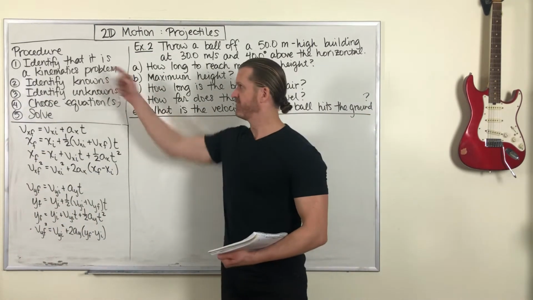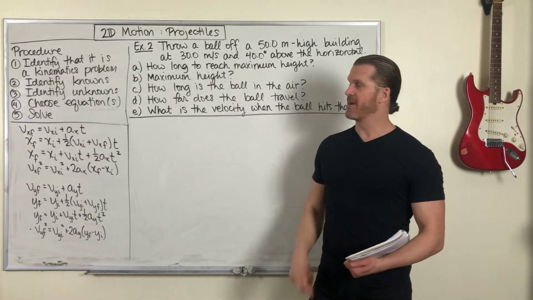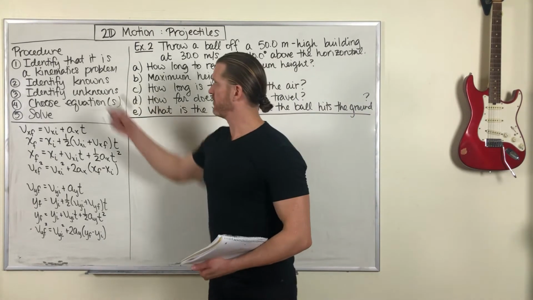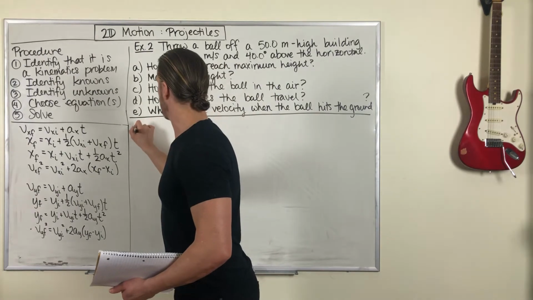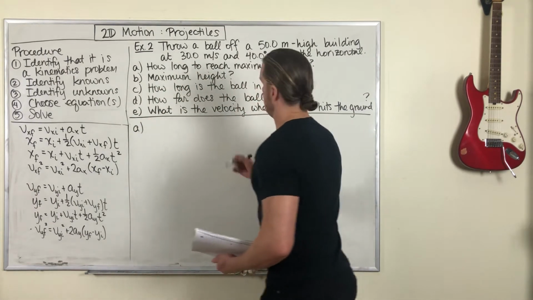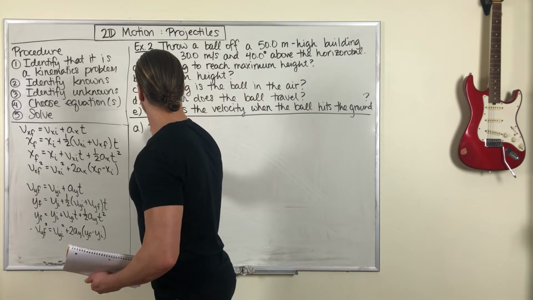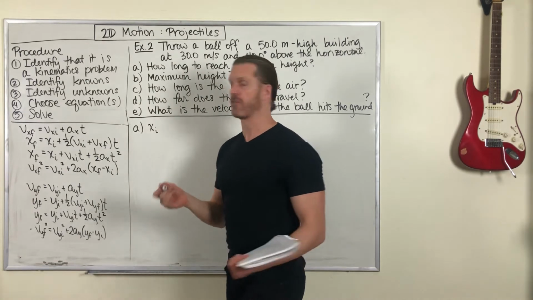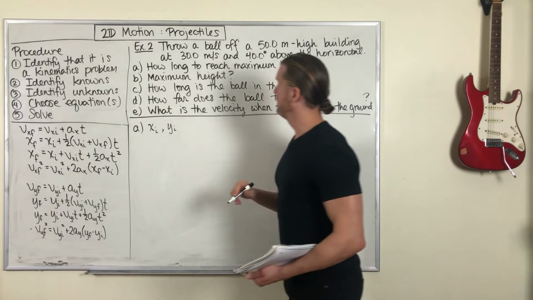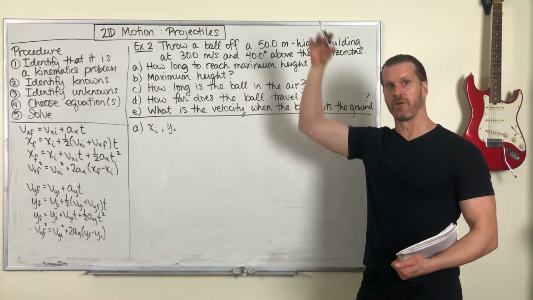As usual, we're going to use our problem-solving procedure. This is a kinematics problem because that's all we know how to do so far. Let's identify our known quantities in part A. Well, we know x initial, we can assume that's 0. We know y initial, that's going to be 50 meters, because you're 50 meters above the ground.